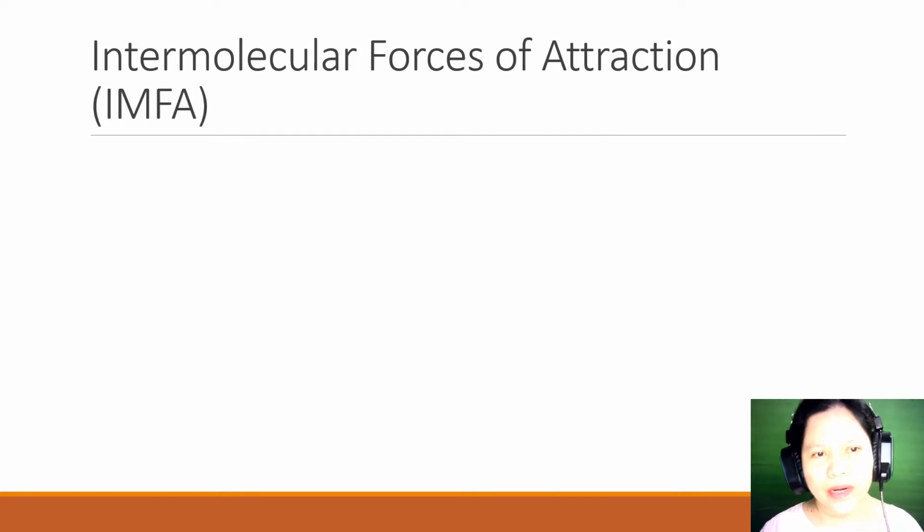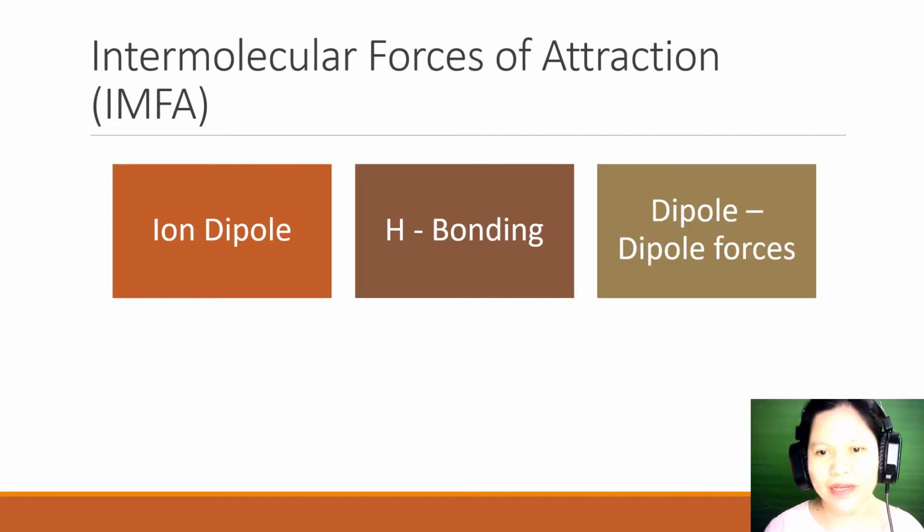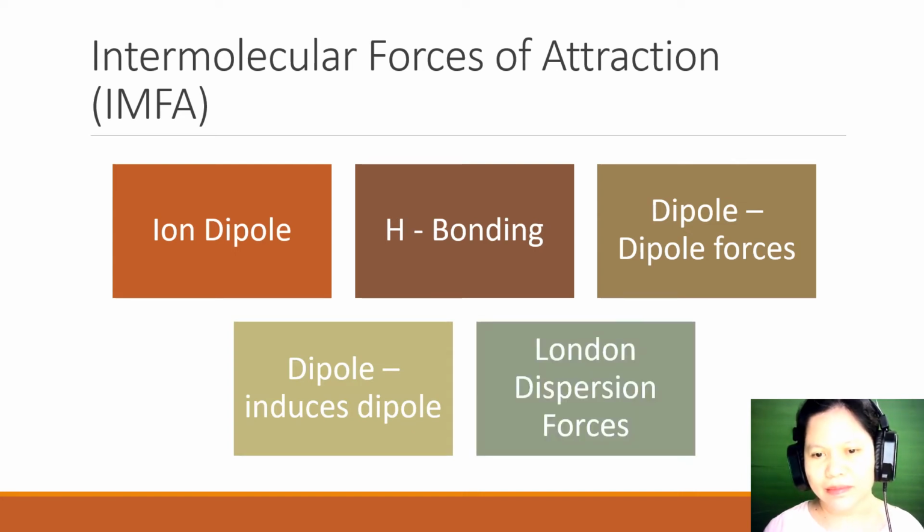Now, what are intermolecular forces of attraction, or we call that IMFA? So these are the 5 intermolecular forces that we are talking about: the ion-dipole, hydrogen bonding, dipole-dipole forces, dipole-induced dipole, and London dispersion forces.